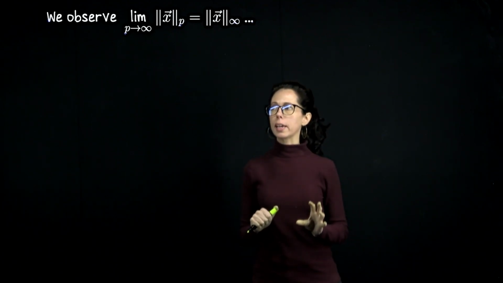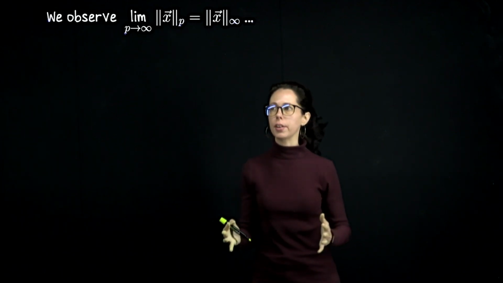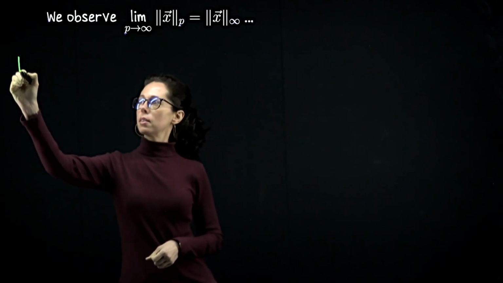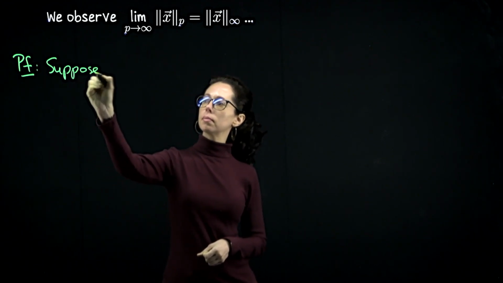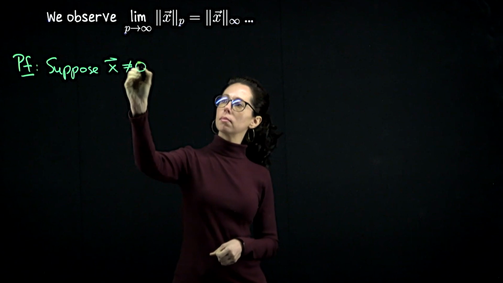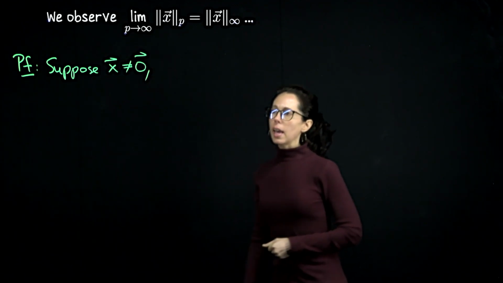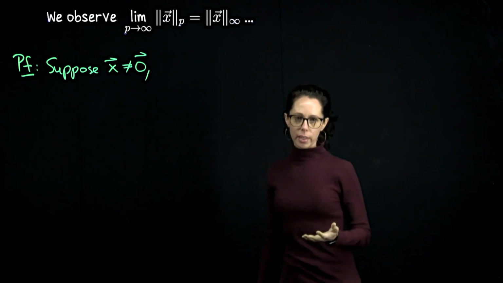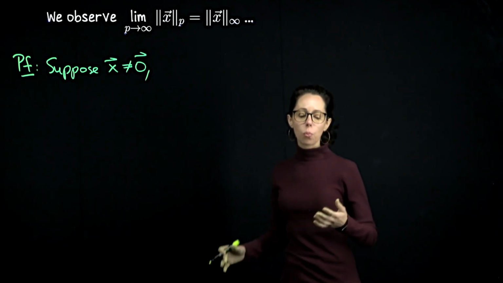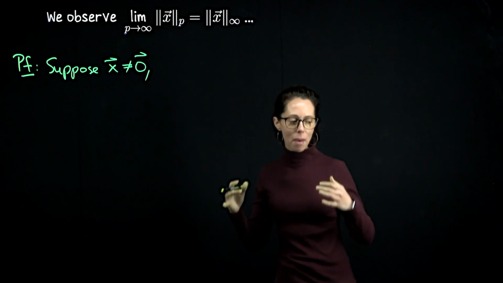What I'm going to do is take a specific vector x, which shouldn't be 0. So let's prove this by saying, suppose x is non-zero, and let me go ahead and say that the jth coordinate of x, using our standard notation, is the one that has the max size.